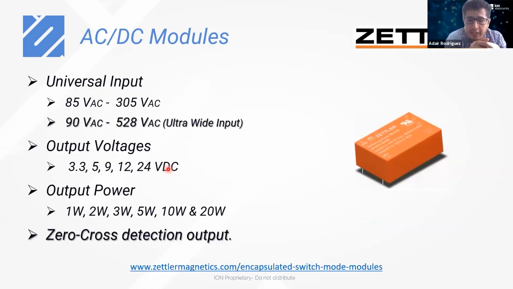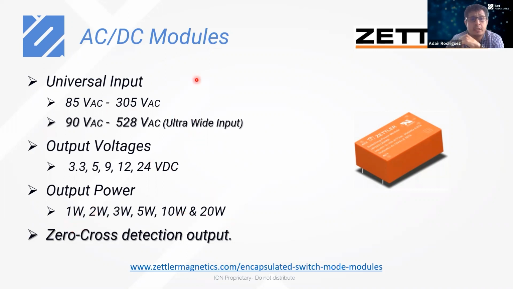When we refer to power supplies, depending on your application and requirements, you might need a module that can easily be plugged and played into your board, or maybe you can use a discrete solution. It will always depend on your requirements. For modules, we can find some with a fixed output voltage, starting from the most common 3.3, 5, 12, and 24 volts DC, with output powers from 1 up to 20 watts.